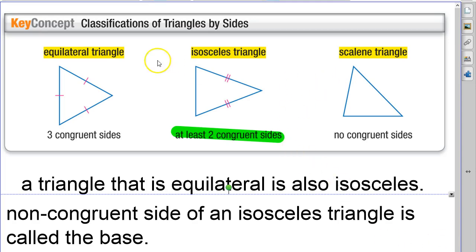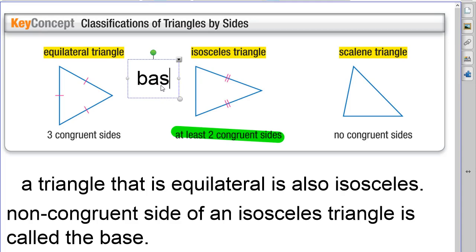So our base for our isosceles triangle is this side right there, because those two sides are marked congruent.